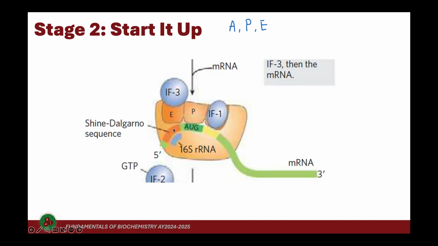And because you have this Shine-Dalgarno sequence, you know that the first AUG that you have there is the start codon. And this is one way of distinguishing AUG as a start codon and any internal AUGs in the mRNA transcript. Okay, so the start codon AUG should be very near the Shine-Dalgarno sequence.